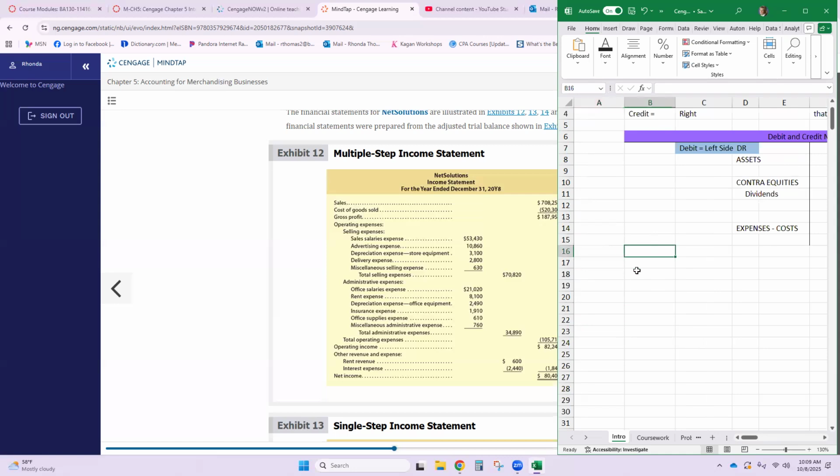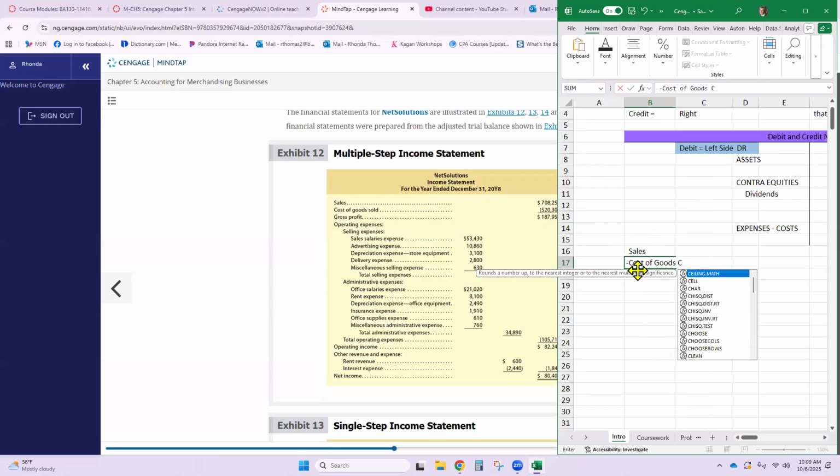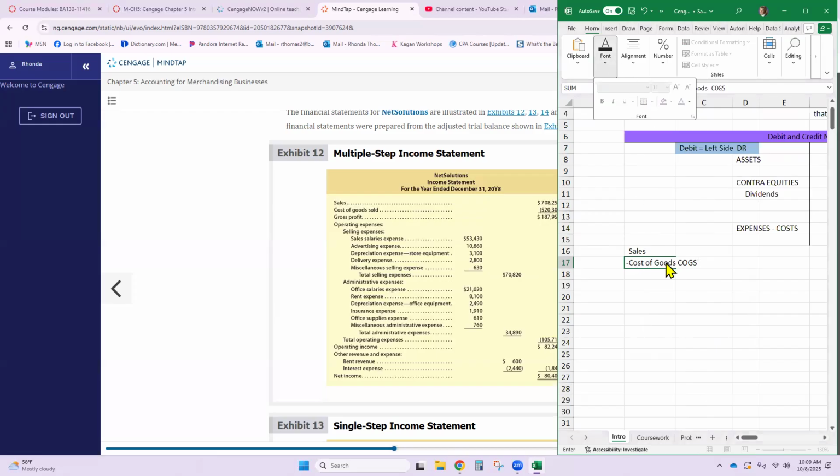So now that we have product, I want you to memorize and learn sales minus cost of goods sold, which is also known as COGS. So if you ever see that, that is what that means, okay? Then we get something called gross profit.